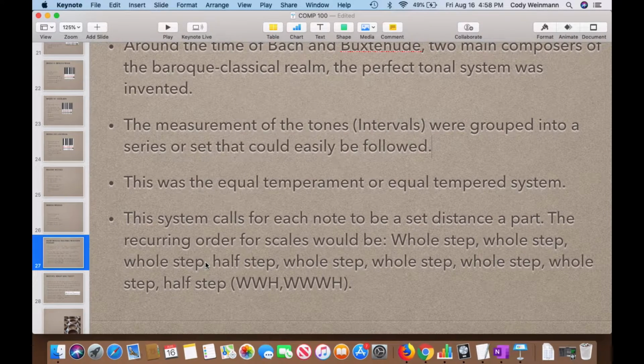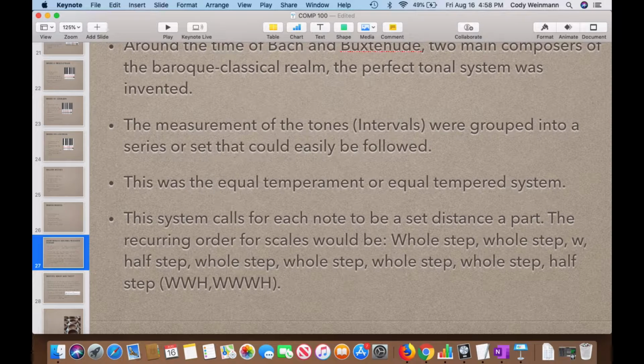All right? So if we were to take the C major scale, we would discover that there's a whole step relationship followed by a half step between E and F, and then F to G would be a whole step, G to A would be a whole step, A to B would be a whole step, and the last one from B to C would be a half step.